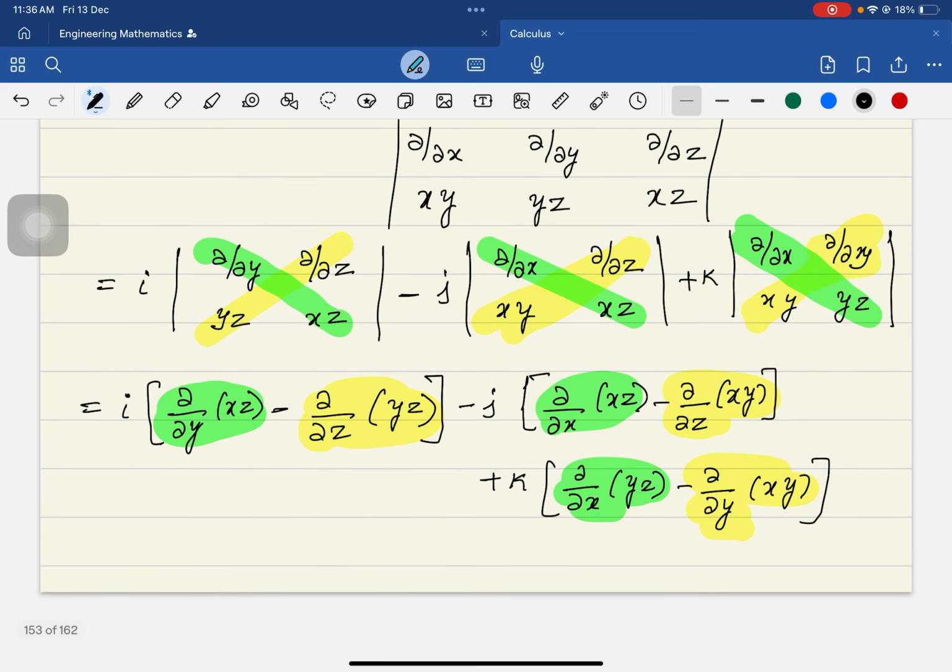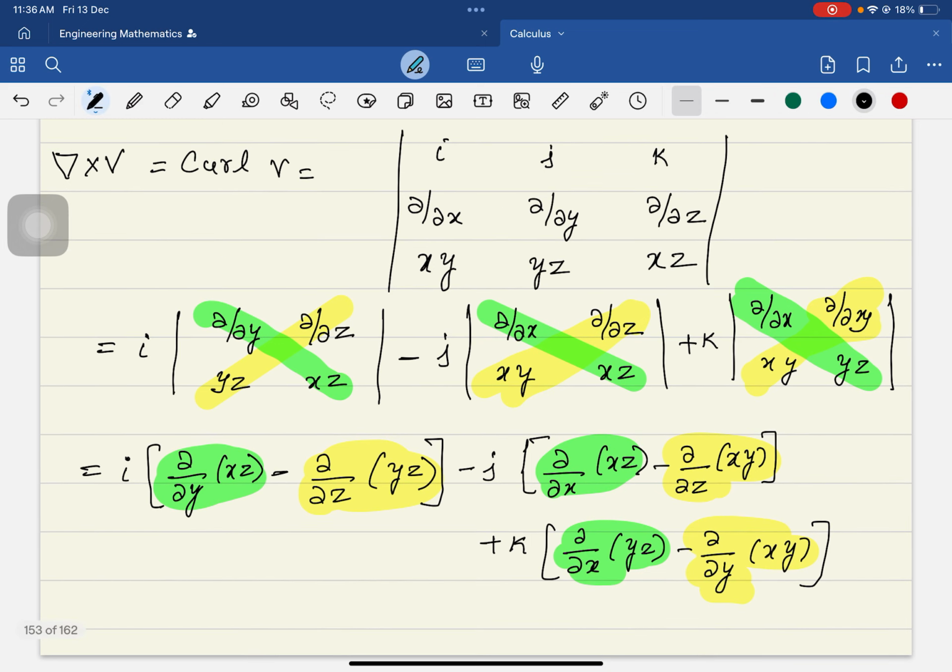Now we are going to differentiate this. i times: what is the derivative of xz with respect to y? 0. Yz with respect to z is y. And then minus j times: what is the derivative of xz with respect to x? It is z. And what is the derivative of xy with respect to z? That is 0.